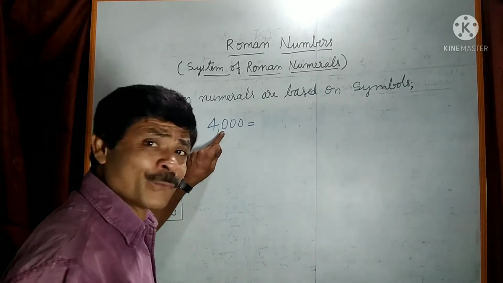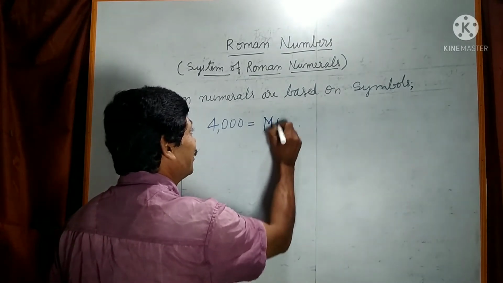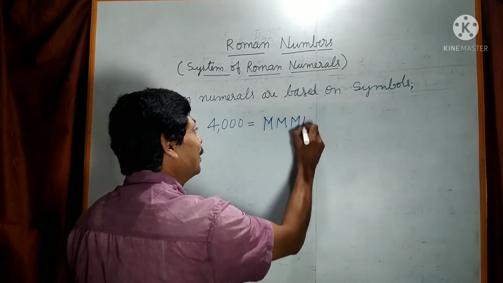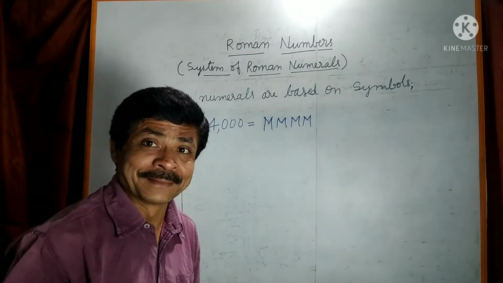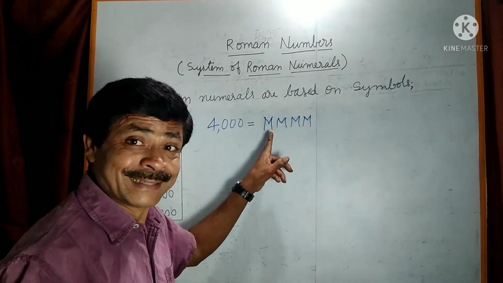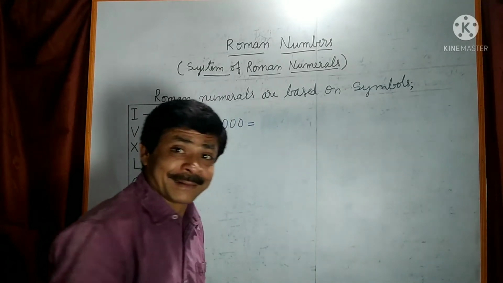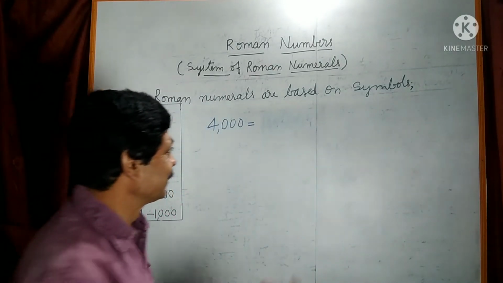Then how do you write 4000? Can we write M 4 times? No, we cannot write like this. This violates the rules. So come, I will teach you how to write.